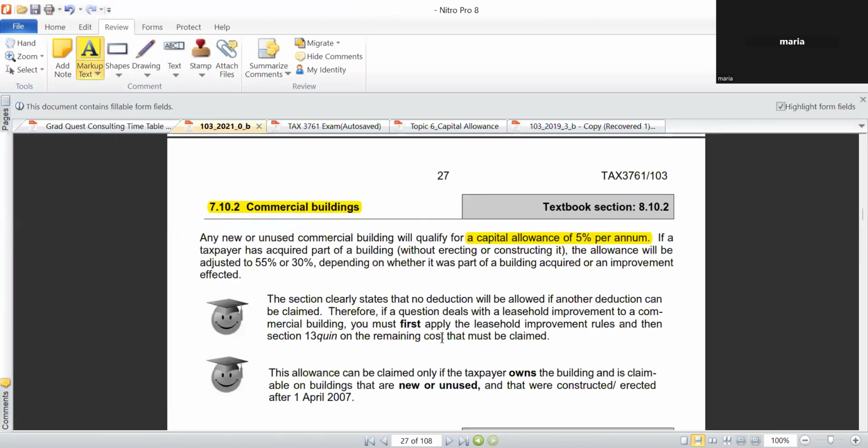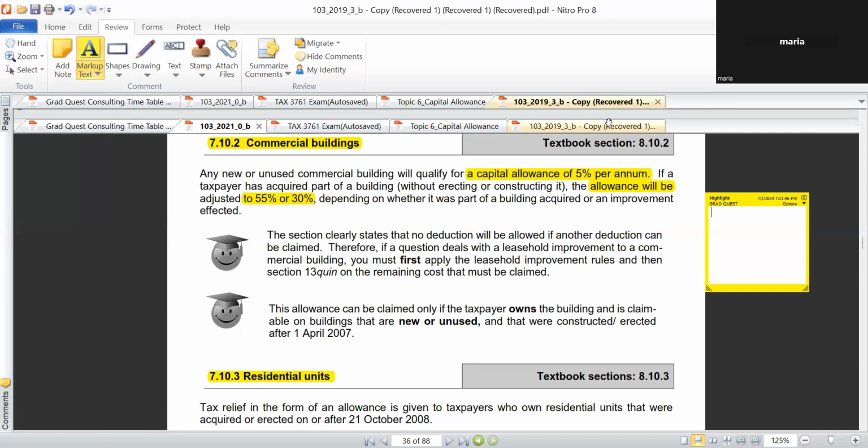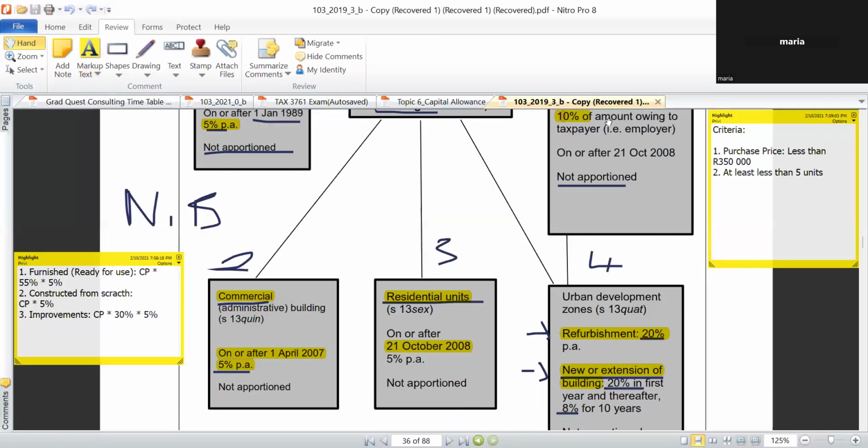So that's exactly the same thing they are trying to explain to you here. Obviously, when you see the allowance will be adjusted to 55% or 30%, you'll probably be confused and wondering what they mean. That's why, when I'm explaining these things, I see that what they want you to deal with in Tax 3761 is more of an advancement of something proceeding from Tax 2601.